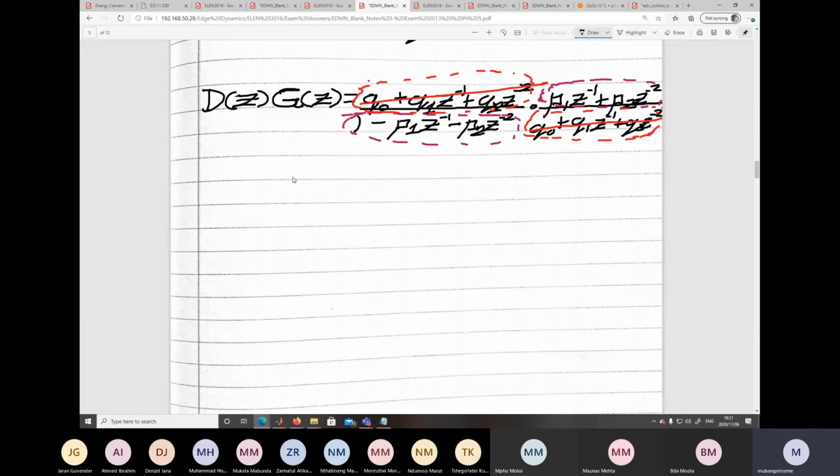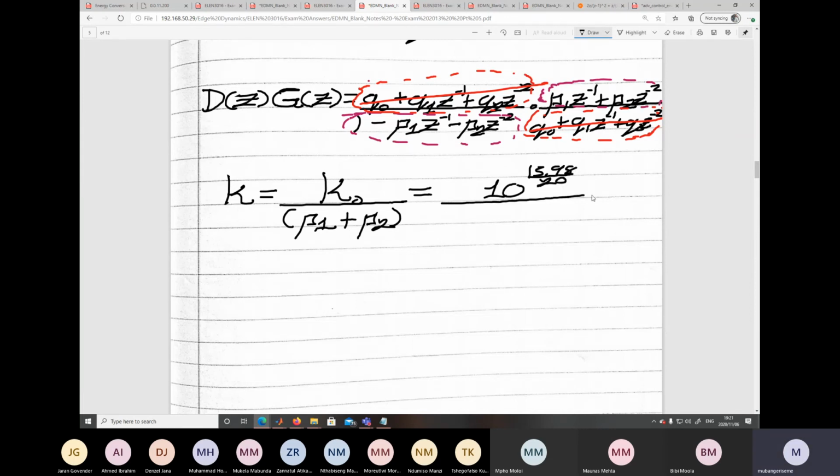Now, for reasons shown yesterday, we know that the fudge factor gain we need is equal to K naught, which is the closed loop steady state gain, over the coefficient of our first delay, i.e. Z minus 1, plus the coefficient of our second delay, Z minus 2. So now that's 13.98 dBs. Doing that quick conversion. Now what's our P1 and P2?